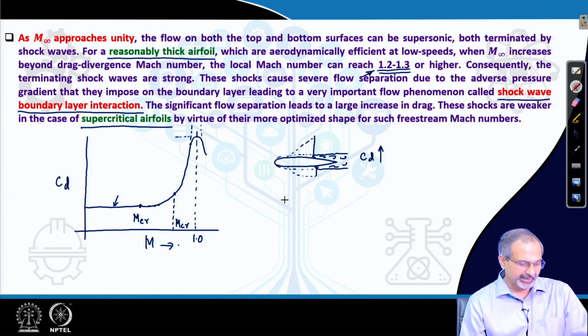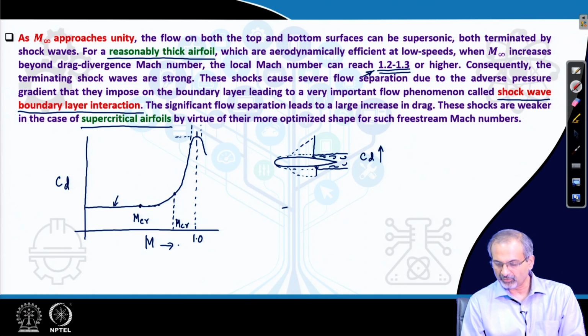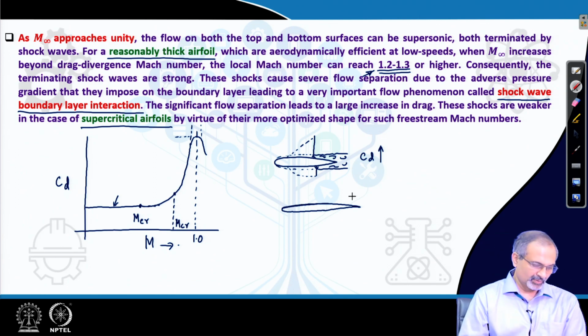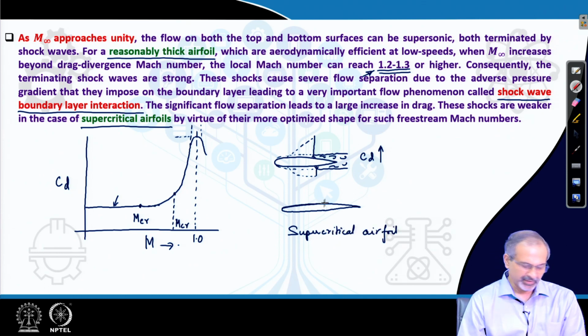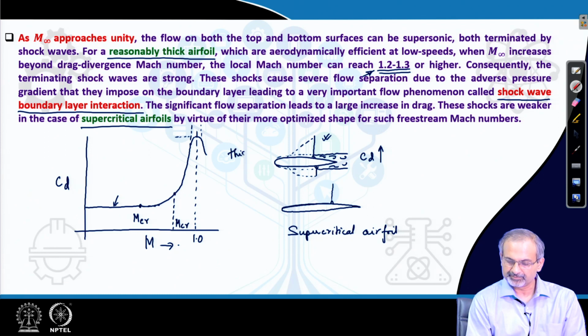If on the other hand you have a more specialized airfoil meant for these Mach numbers, typically flatter supercritical airfoils, then we find that shocks still form, but they are weaker than on the thicker airfoils.